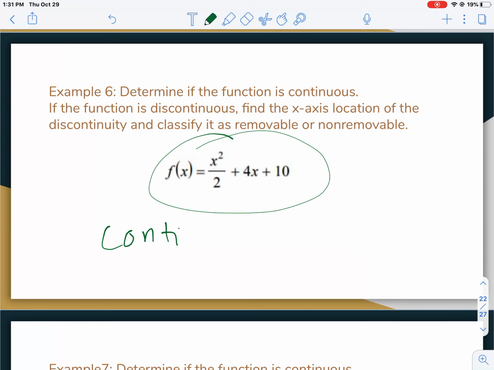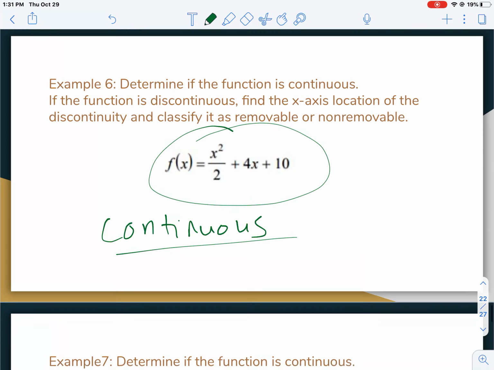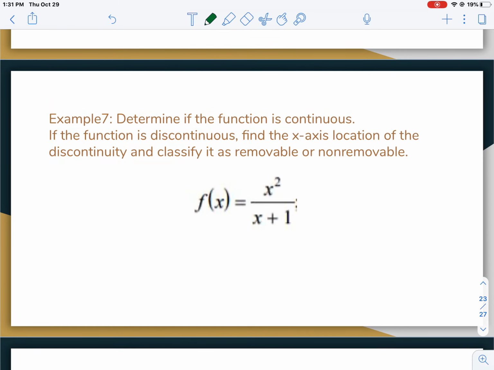Here we have another polynomial function. So this is continuous. Down here, we don't have a hole because we can't cancel. So please don't do that. You cannot cancel. You can only cancel x's if there's an x in every term in the numerator and denominator.